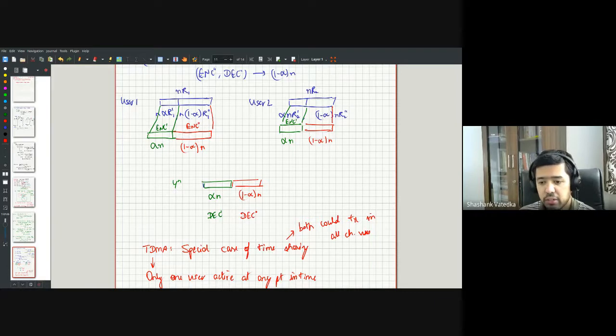You tailor your decoder for a particular channel, but the actual channel could be slightly different from the channel for which you designed the encoder and decoder. This generally comes under the class of problems called mismatched decoding. But a lot of things are still not known. Even in the point-to-point case, things are kind of well understood, but it's not a completely solved problem.